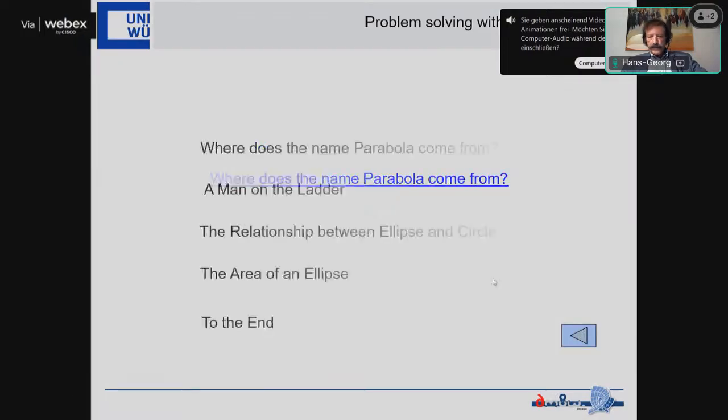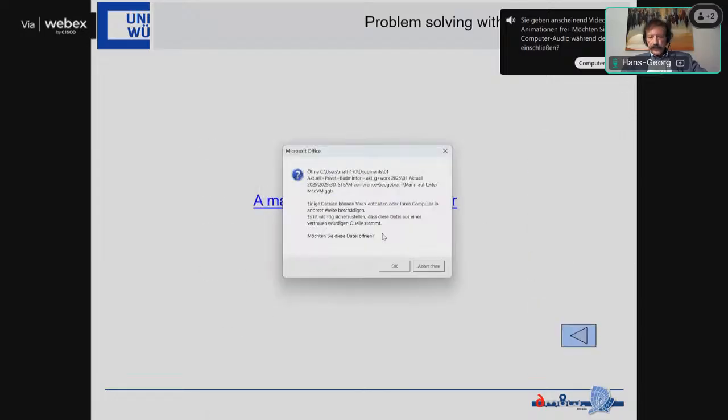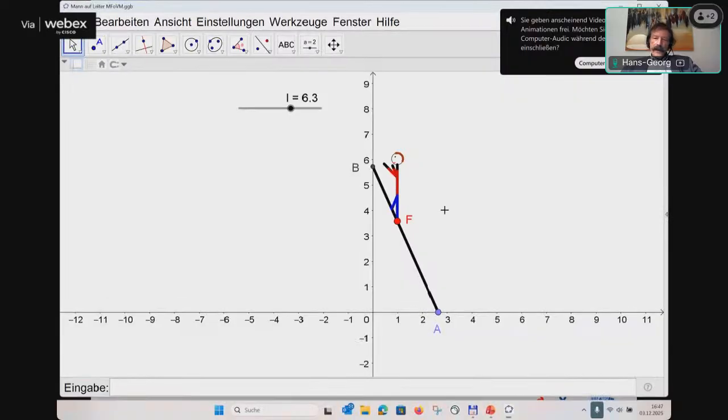And what do I have? Another example is the man or the woman on the ladder, and this is a construction here. This man or woman is going up and down this ladder, and you know that this is dangerous because the ladder can slip away.